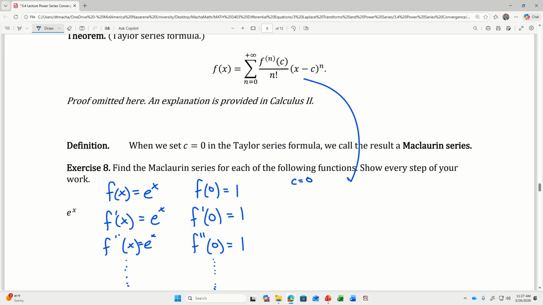And then using this Taylor series formula, we would say that e to the x is equal to a power series where every coefficient looks like 1 divided by n factorial times x to the power n.